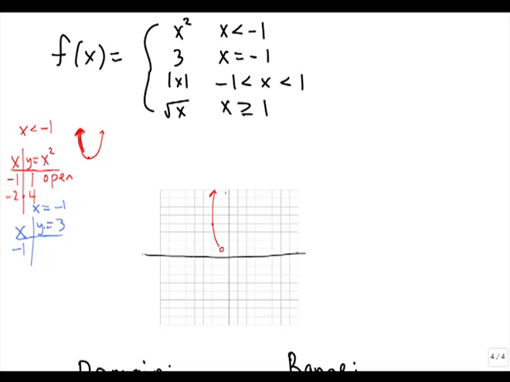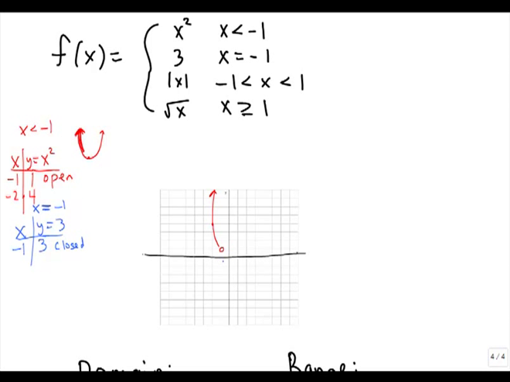So this is going to be just a single dot, because we're only looking at exactly one x value. And what's the y supposed to be at that x value? Well, the rule tells us that y is supposed to be 3. So this is going to be just a single point at (-1, 3). Is it going to be open or closed? Because this was equals -1, this is going to be a closed dot.